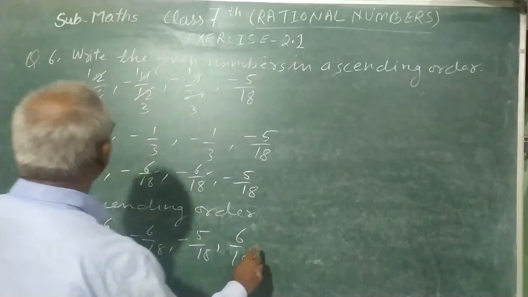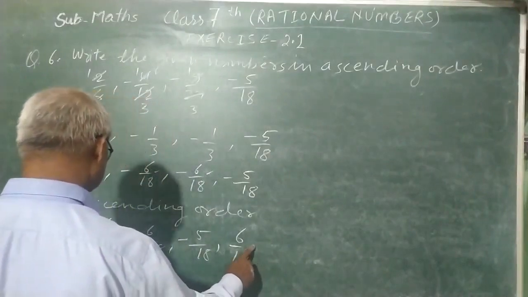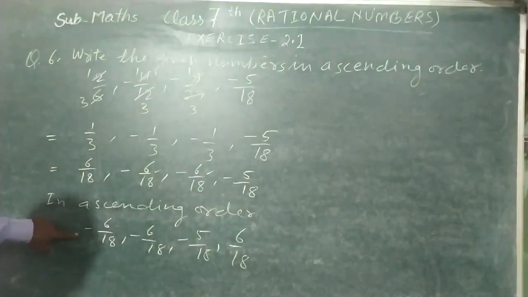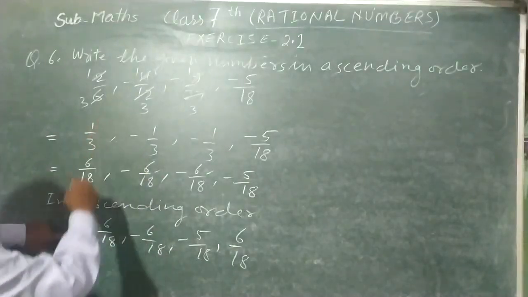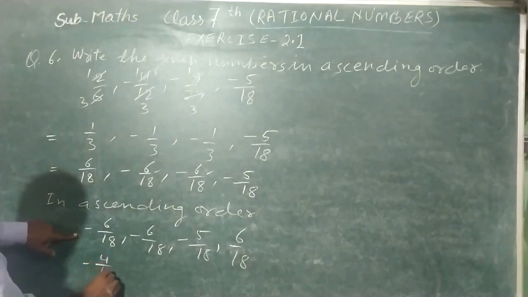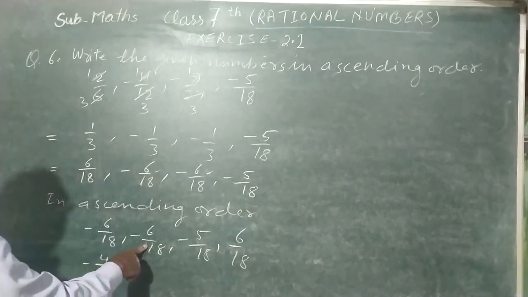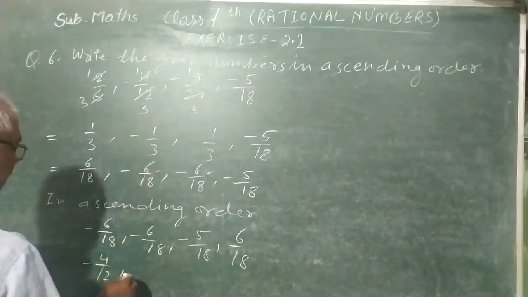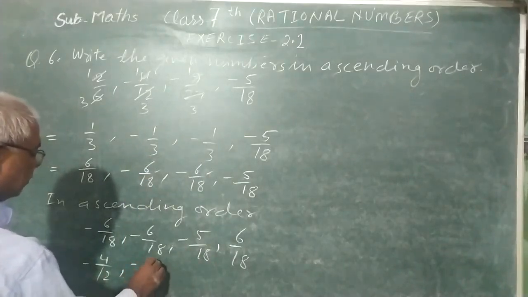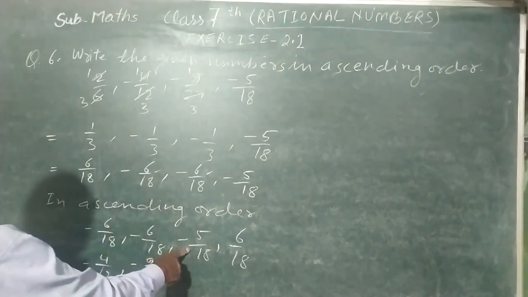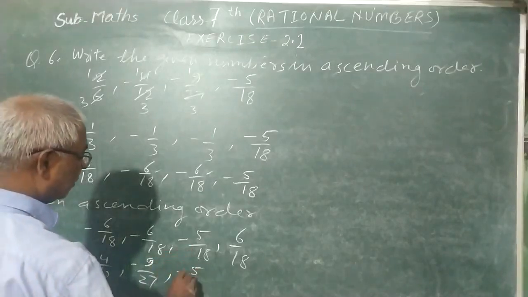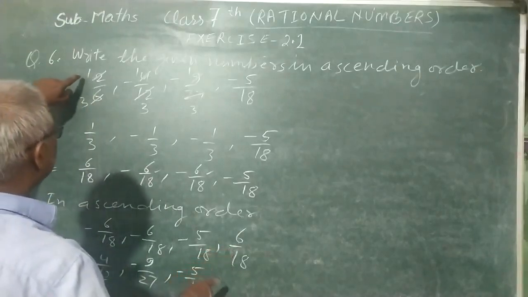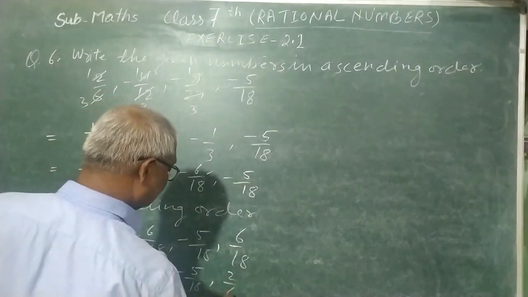So that is the answer. You can write: minus 4/12, this minus 6/18, it is minus 9/27, minus 5/18, and one number is 6/18. Where is 6/18? That is the 2/6.